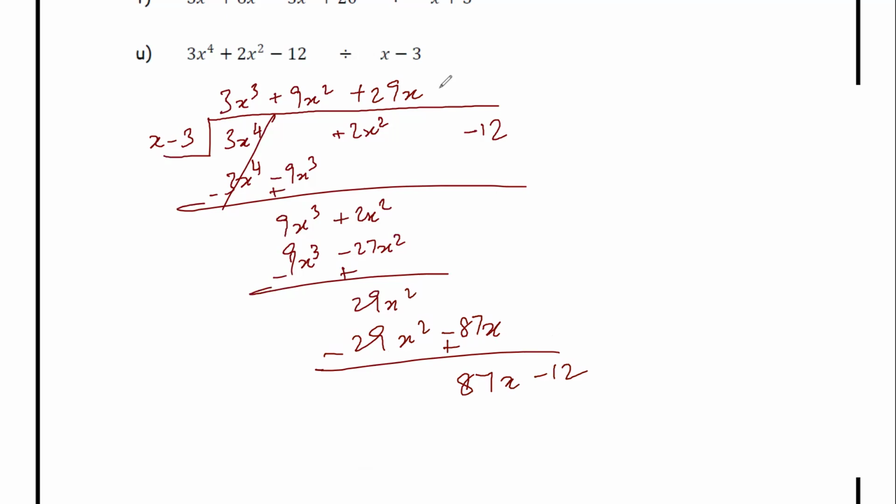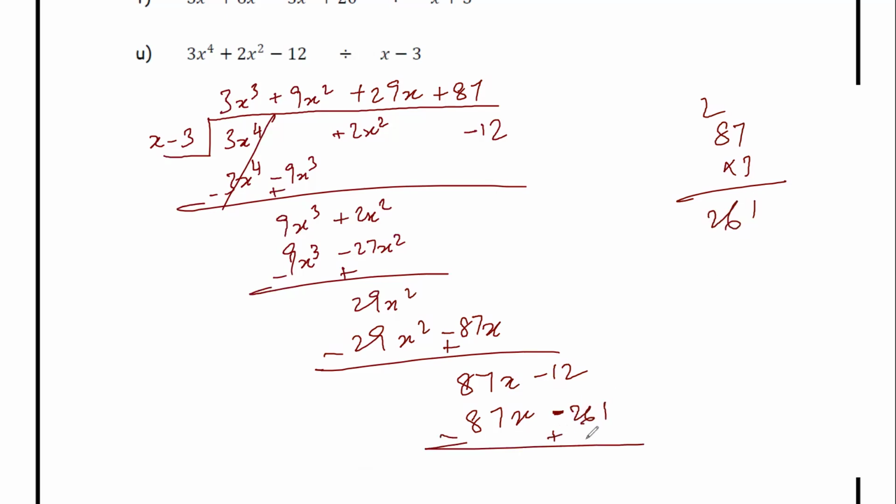And then finally I got plus 87, and I got 87x because 87 goes into x. And I got negative 87 times 3 is 240 and 21, 261. So 3 8s are 24, 261. Change the sign, and that is positive 261, negative 12.